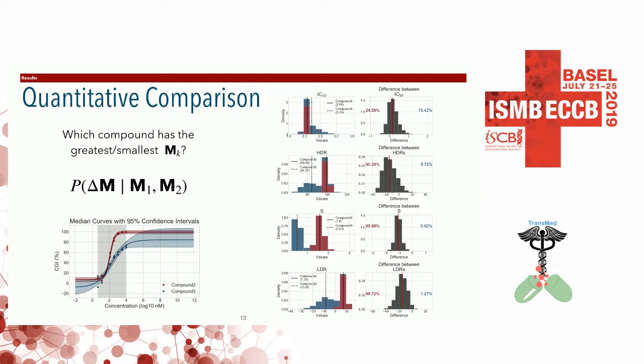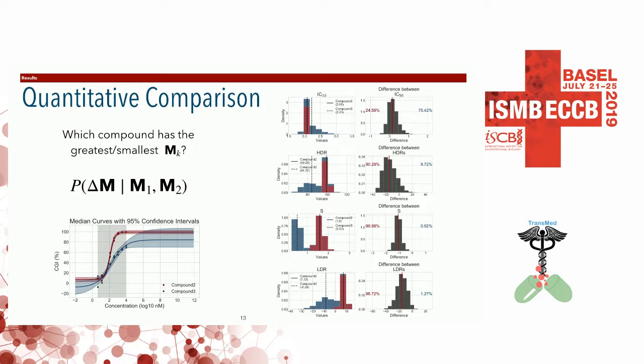From this distribution, we can calculate the probability of each compound having the highest or lowest value for this specific metric. For example, here we're not able to say that one compound is significantly more potent than the other, but we see that the red compound has a probability of 75% of having a smaller IC50, which is good, compared to the blue compound.